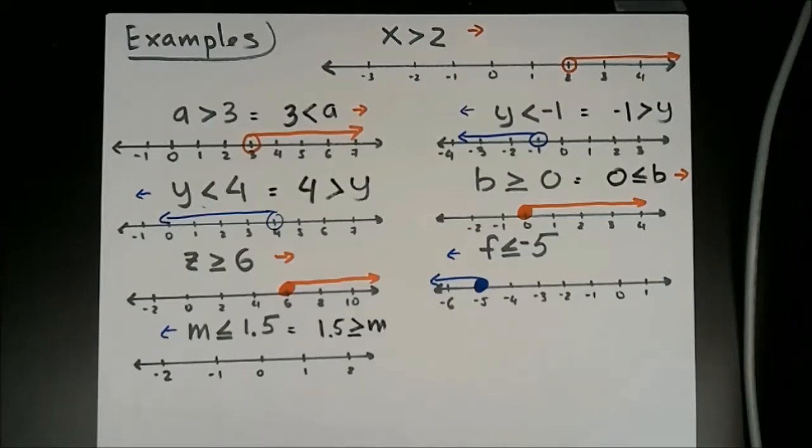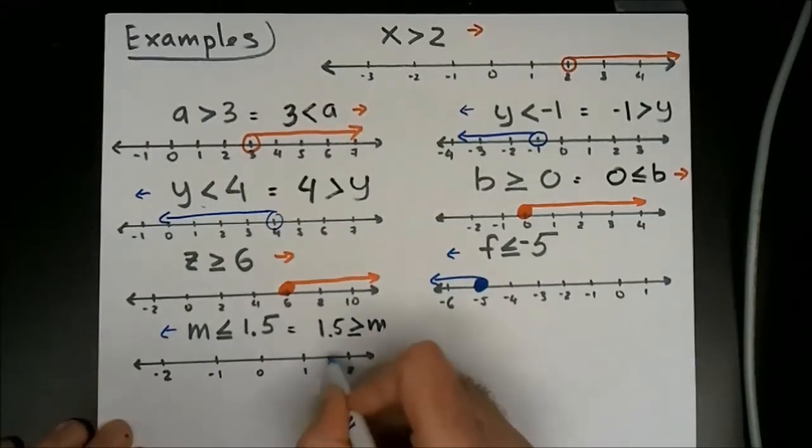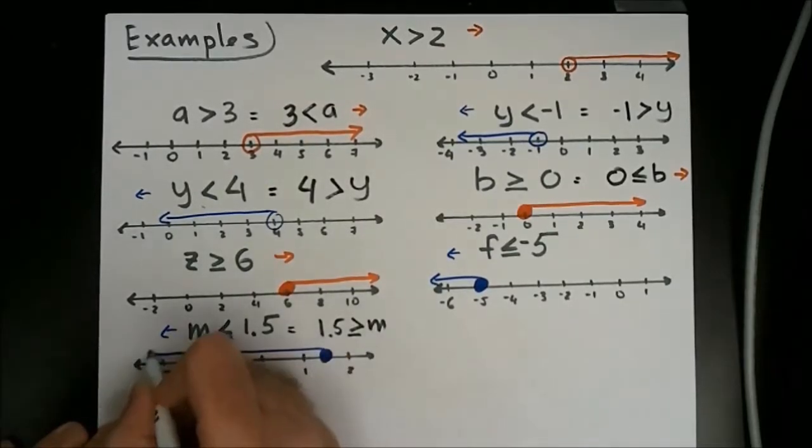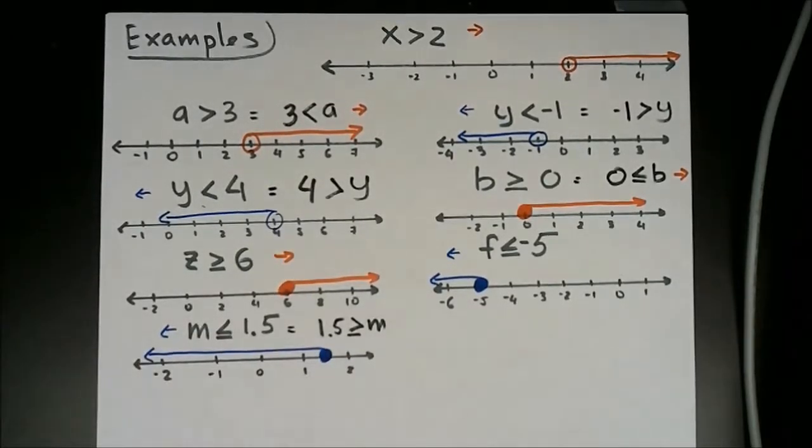Open or closed circle? Closed, because it's also equal to the 1.5. The 1.5 is included. So I started at 1.5, which is in between 1 and 2. I'm heading left. And that's it. You're done. Any questions with these examples? These are some of the simpler examples in this lesson, so please let me know if this is in any way confusing.